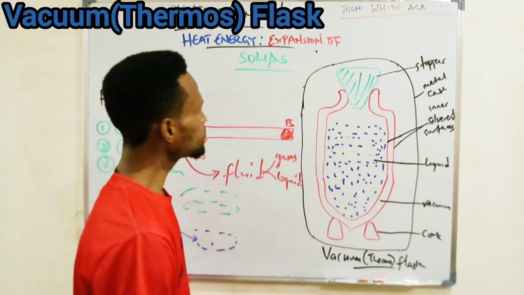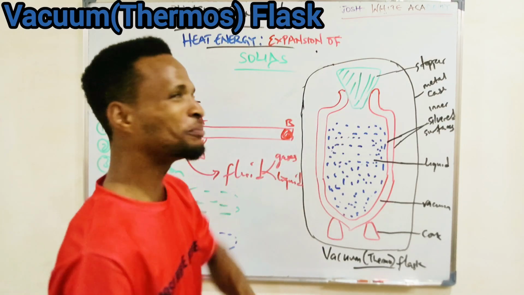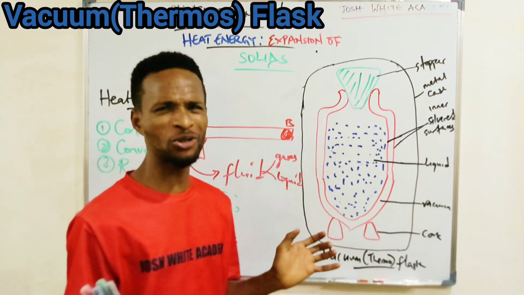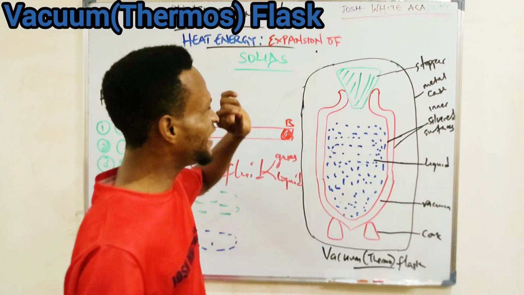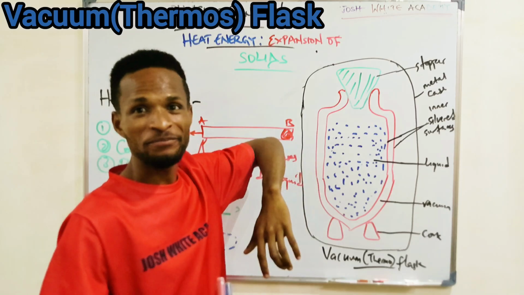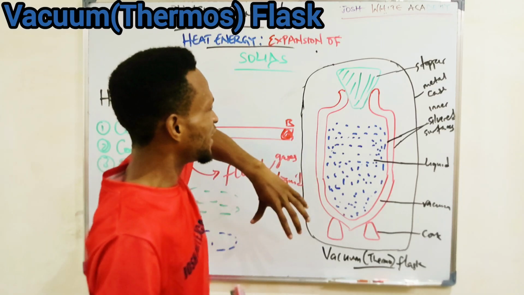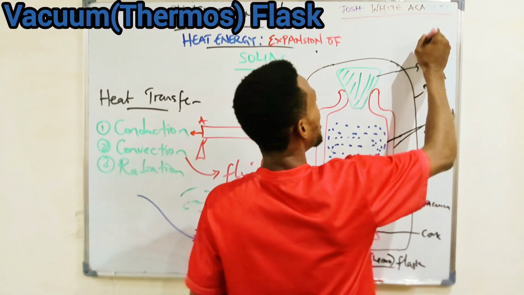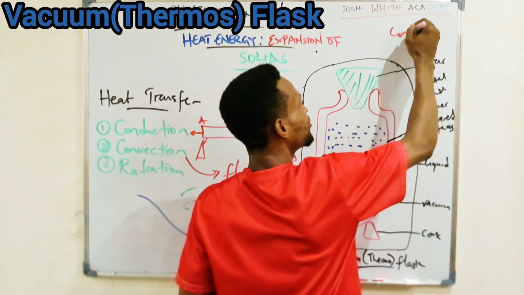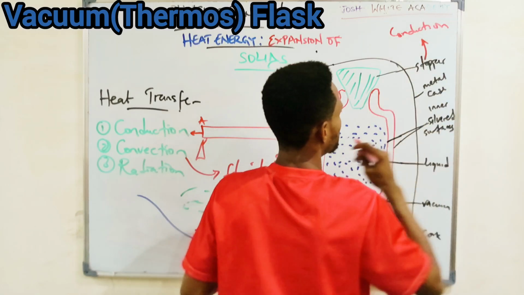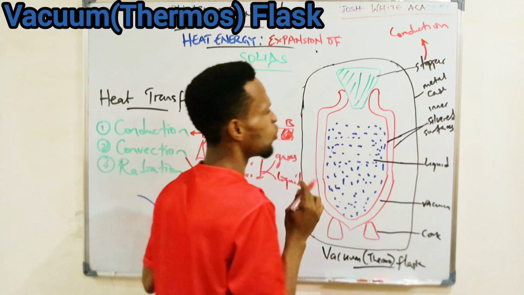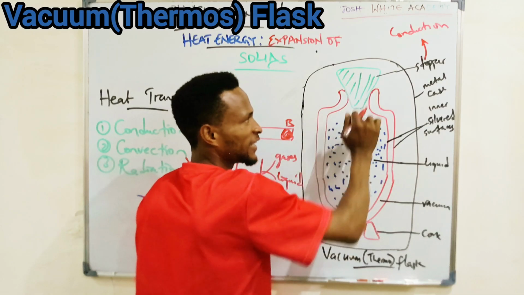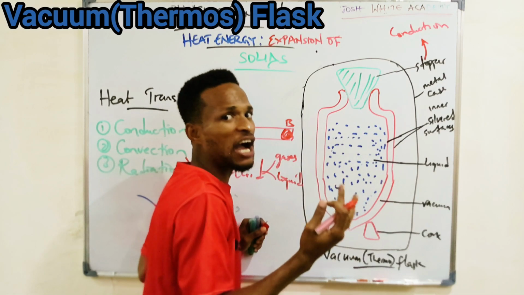Now see, the stopper, which many times can be plastic or wood or even rubber, is a bad conductor of heat. So it hinders the loss of heat via conduction, and also this heated fluid transmits heat to it via convection.